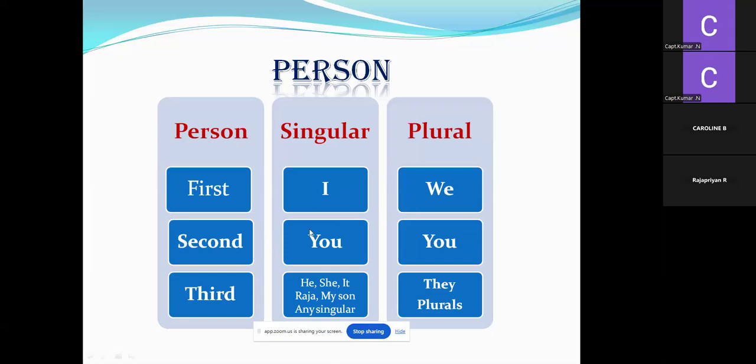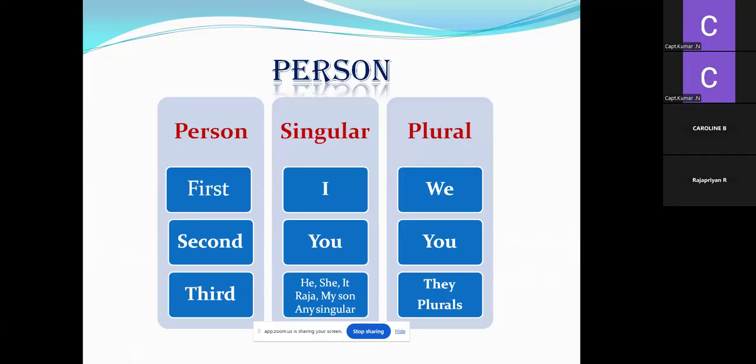Now, I and you talk about somebody else. I and you talk about a third person. The third person could be a girl or a boy or someone or anything or any animal. So that is called third person singular. Here we can use a pronoun or we can use the name, like Raja, Sheila, or we can say my son, my mother, his father, his cousin, or we can use he, she, it.